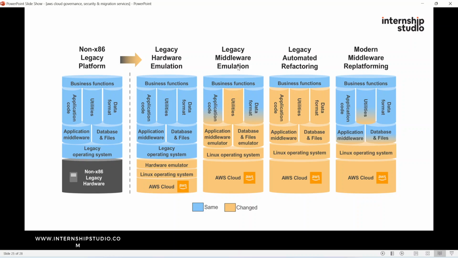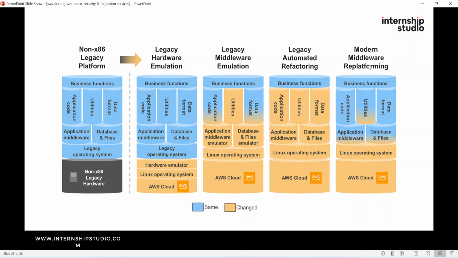And in the legacy middleware emulation, the underlying cloud, the OS, and the application layers and related utilities are hosted on the cloud, but the application code and data format remain as per legacy. And the legacy automated refactoring involves all the application-related things hosted on the cloud, but only the business functions remain the same.